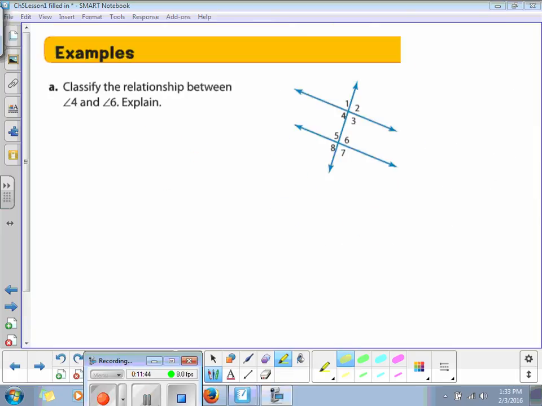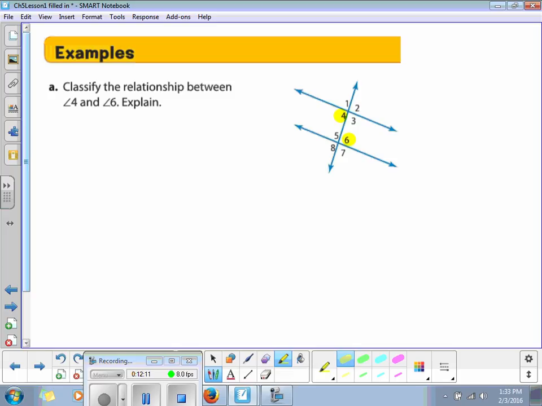Okay? For this example, we want to classify the relationship between angle 4 and 6. All right. 4 and 6. Now, when we do this, we have to look at where they are in relation to the parallel lines and in relation to the transversal. Okay?